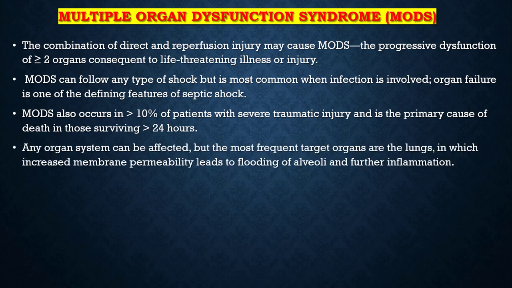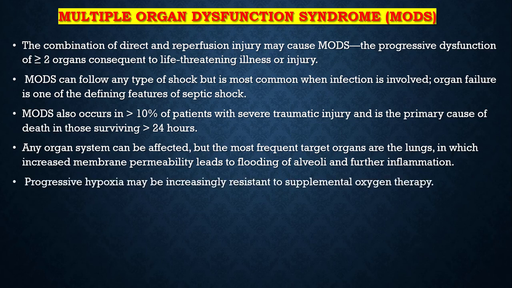Any organ system can be affected, but the most frequent target organ is the lung, in which increased membrane permeability leads to flooding of alveoli and further inflammation. Progressive hypoxia may be increasingly resistant to supplemental oxygen therapy.